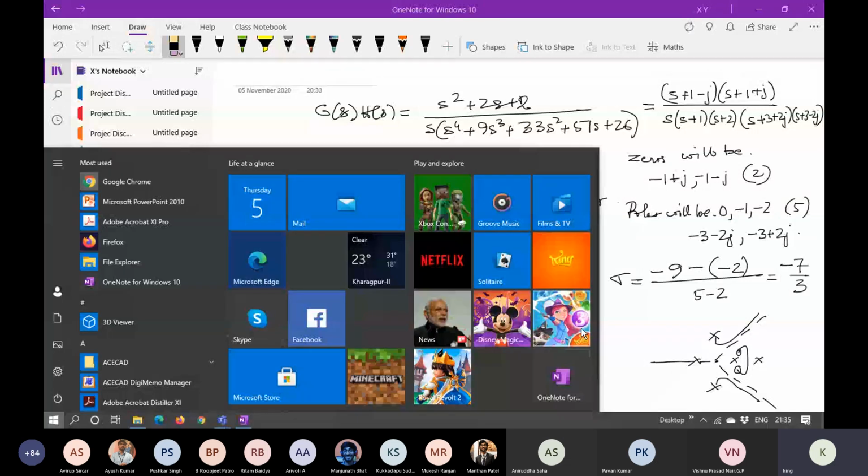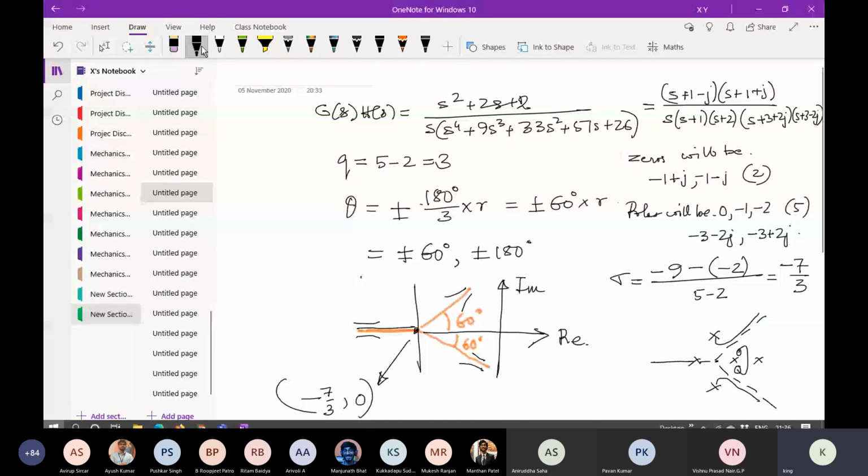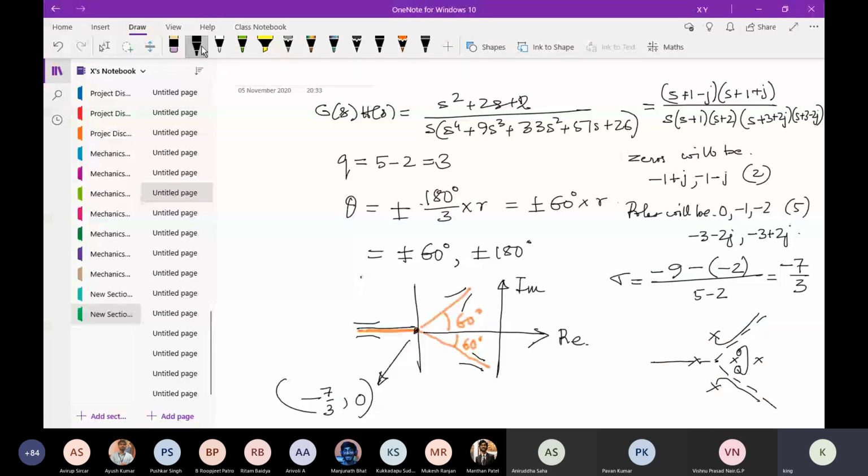One is we know whether it lies on the real axis or not, how much of the real axis is the root locus, and we also have some lines along which the root locus should proceed.